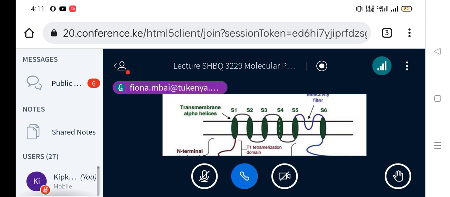So we have finished the key elements of combining the carrier proteins, the channels, the integral membrane proteins, the co-transporters, the exchangers, and the physiological relevance of all these molecules that we've been talking about, as well as structures.